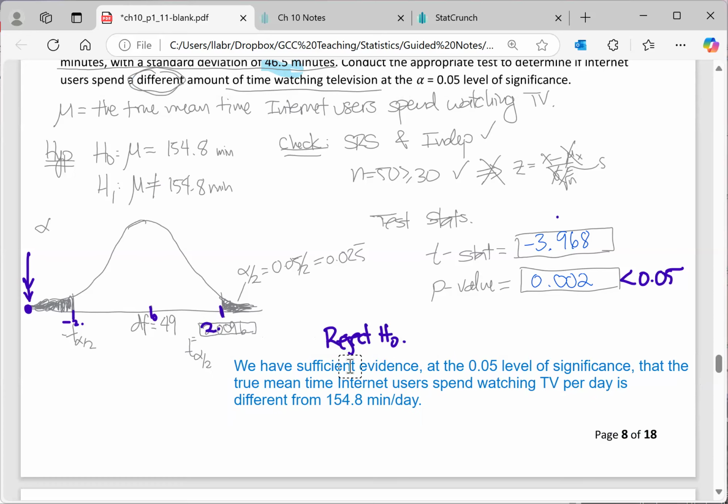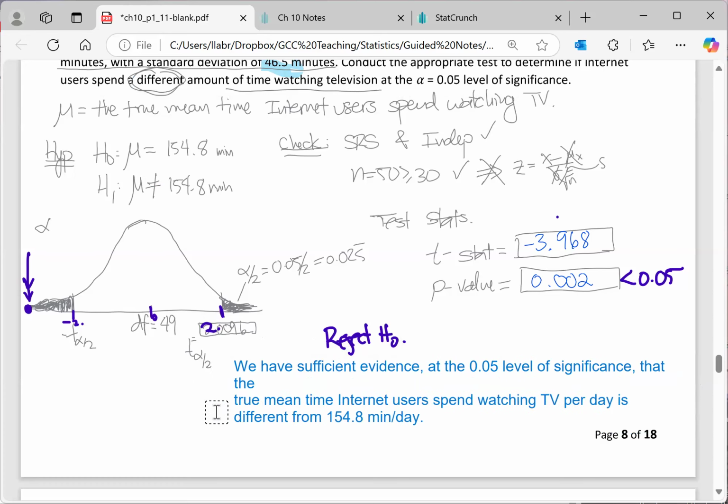And that's it. To get more information on this, you would create a confidence interval. So go ahead and create a confidence interval. I'll leave it to you to figure out the confidence level. And you should be able to get a confidence interval that does not contain 154.8.